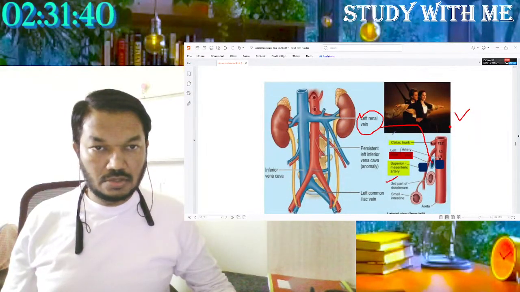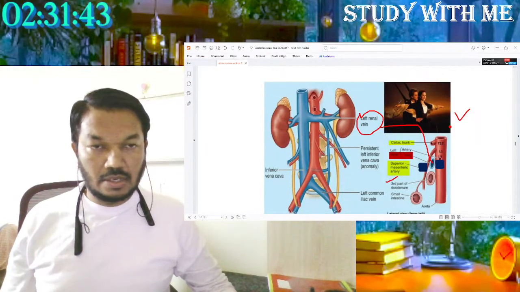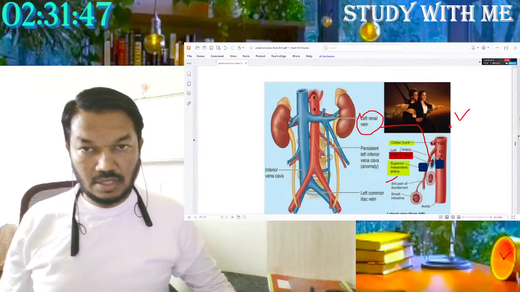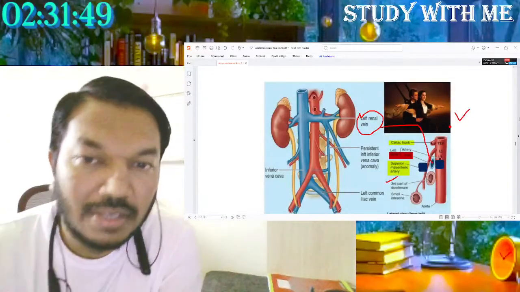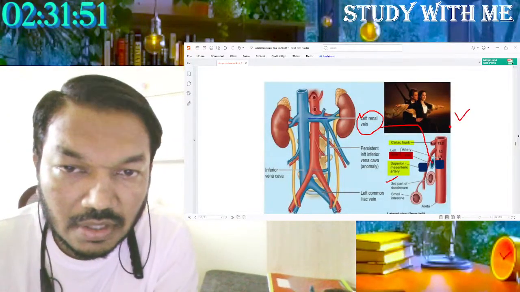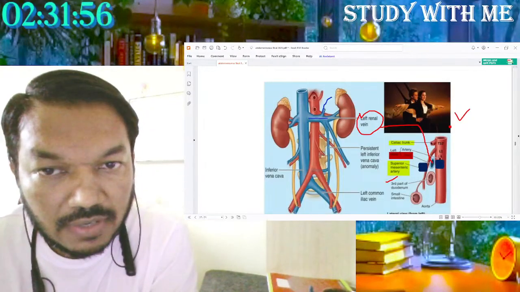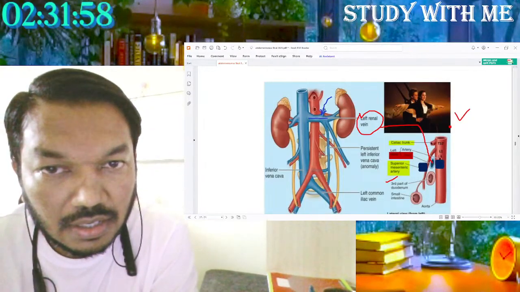You can see here it is called Titanic branching or something. Why? Because on the left side you have seen the left renal vein. Into the left renal vein, the left suprarenal vein also comes.